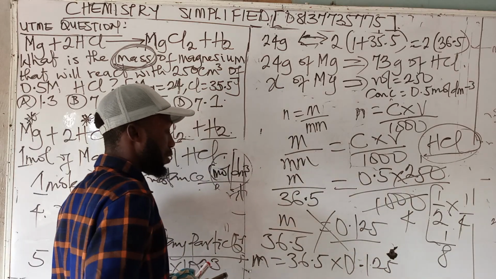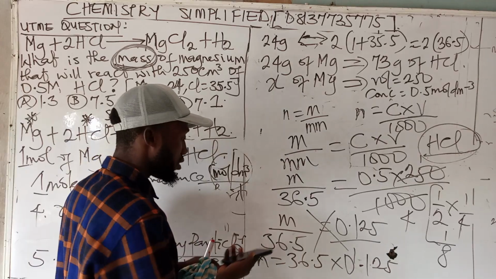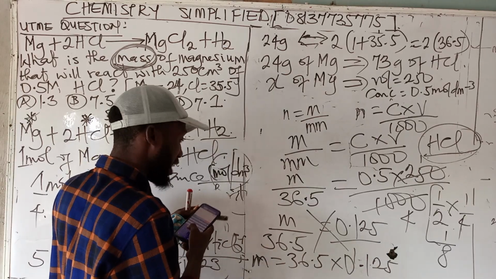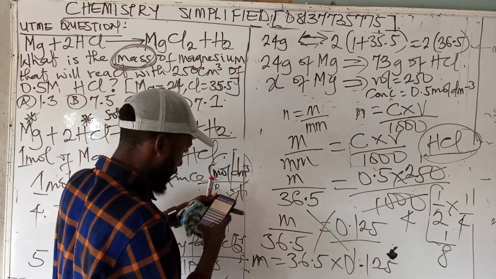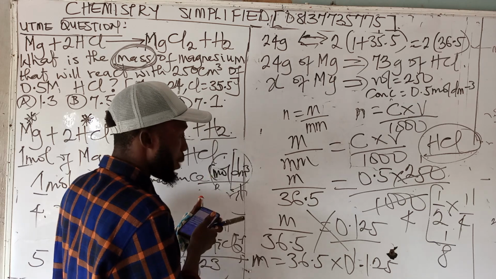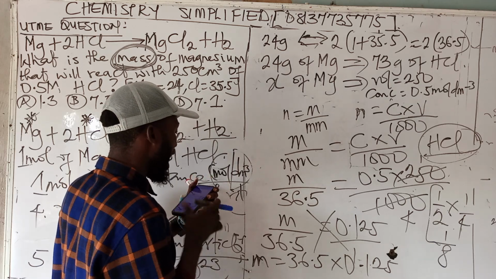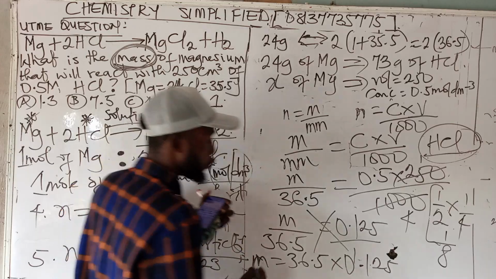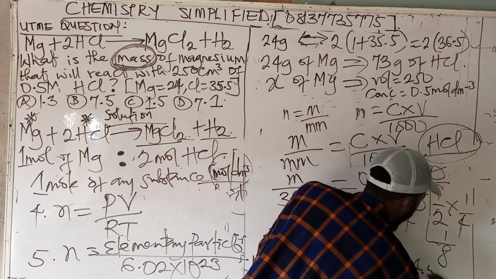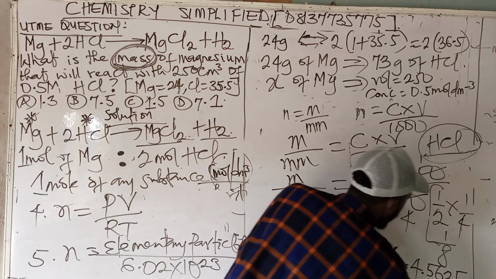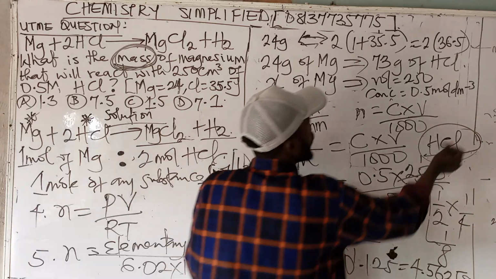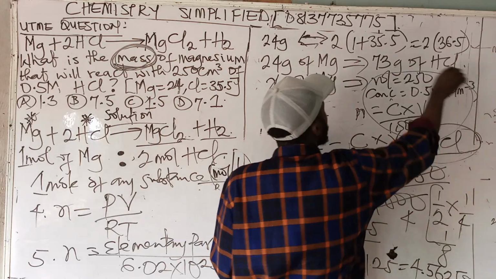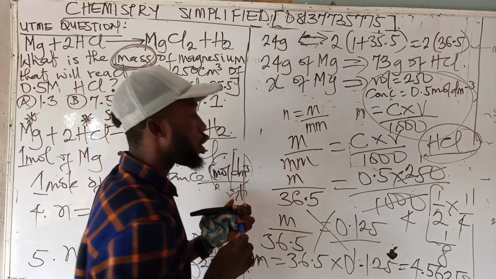Alright, let's check our calculator and let's punch that to get this 36.5 multiplied by 0.125. So we have 4.5625. So that's our mass from this information given about hydrogen chloride.